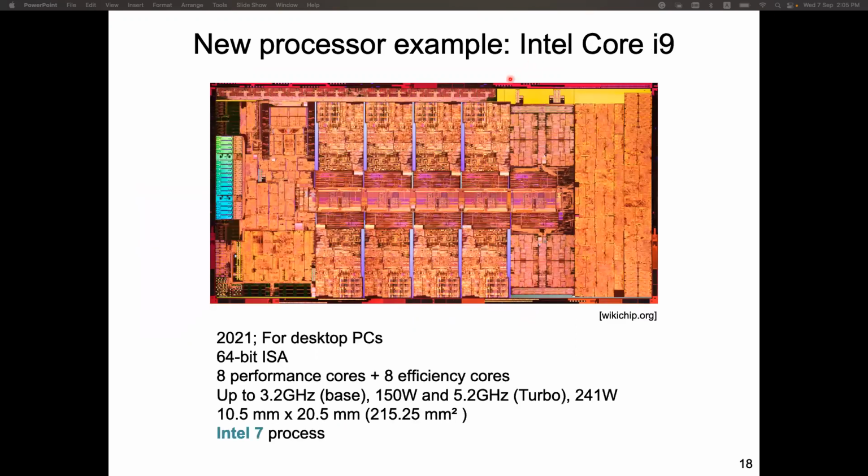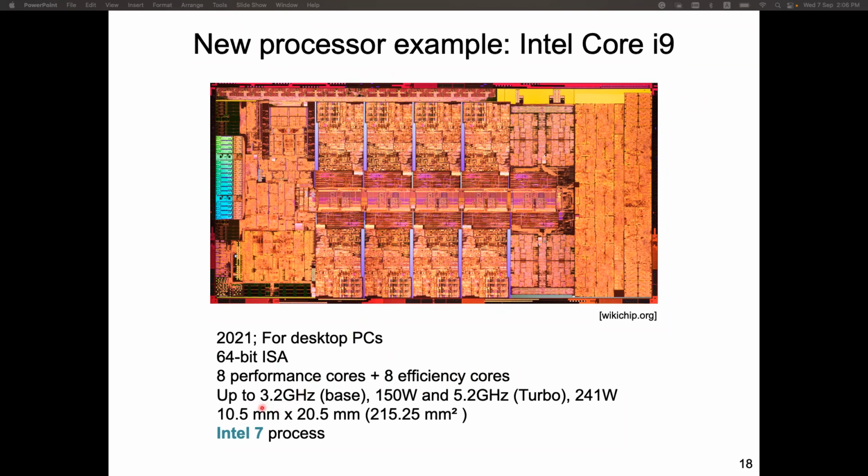This is another example, Intel Core i9. So for personal computers, introduced last year for desktop PCs, 64-bit ISA. It contains 16 cores, 8 high-performance cores, which means high-speed cores, and 8 efficiency cores, which means low-power cores. So this is one core. You see some cores there.